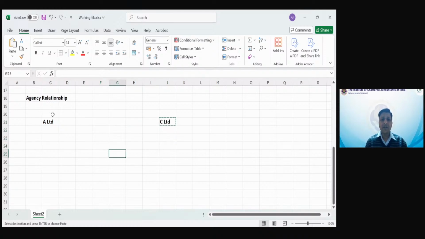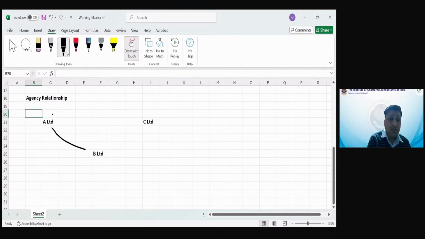Okay, so let's try to understand the context first. Say A has sold goods worth rupees 100 to B, and these goods have in turn been sold to C, say for rupees 120.